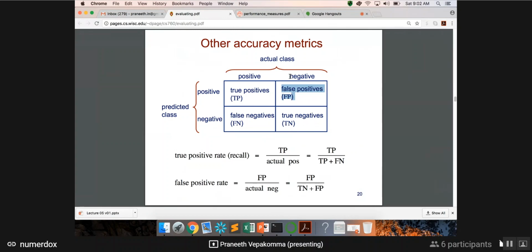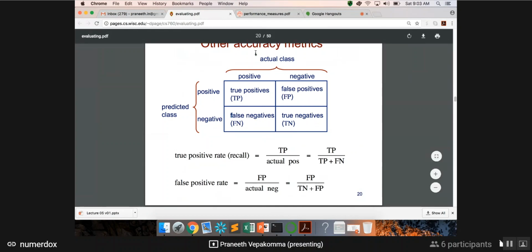You're falsely calling him a negative person, a non-criminal. So there is a different cost you pay in the society for that versus saying the person who is actually a criminal is not a criminal. There is a different cost for that, because the criminal is roaming free in the society. But here an innocent is made guilty, right? He's getting the punishment. So different costs. These are not the same thing, but both are important. So you need to look at individual performances on a class-by-class basis.